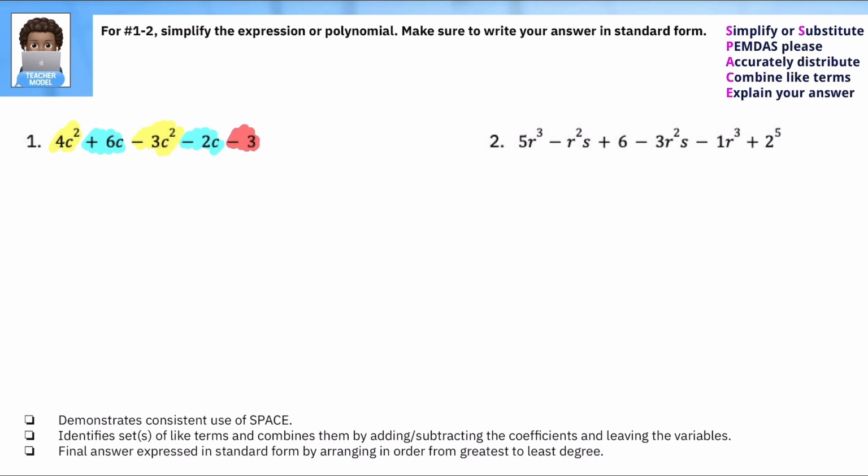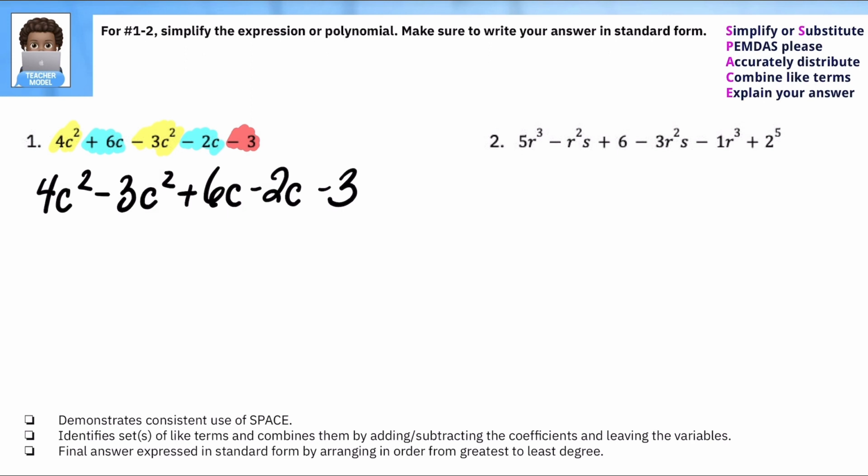Okay, and now I can rewrite these. Just so you can see color-wise, these are the same. They're like terms. These are like terms. And this is a like term.